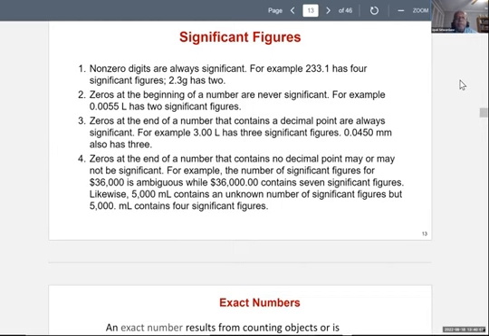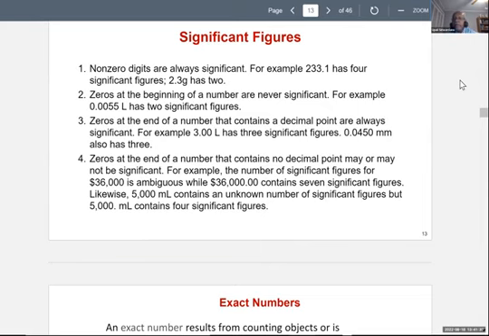Paragraph 3. Zeros at the end of a number are called trailing zeros. In a whole number, trailing zeros are not significant. But in a decimal number with a decimal point, they are significant. For example, 3.00, the 2 zeros at the end are significant. Therefore, both zeros count for significant figures, so 3 significant figures.